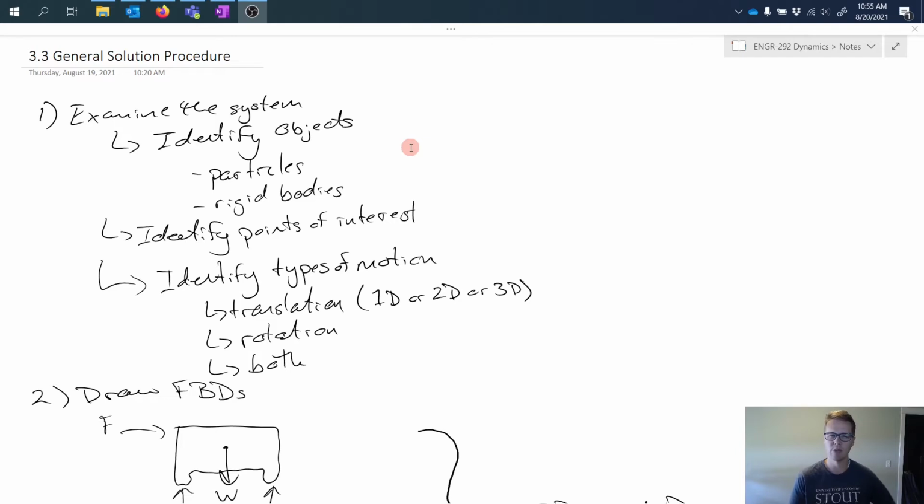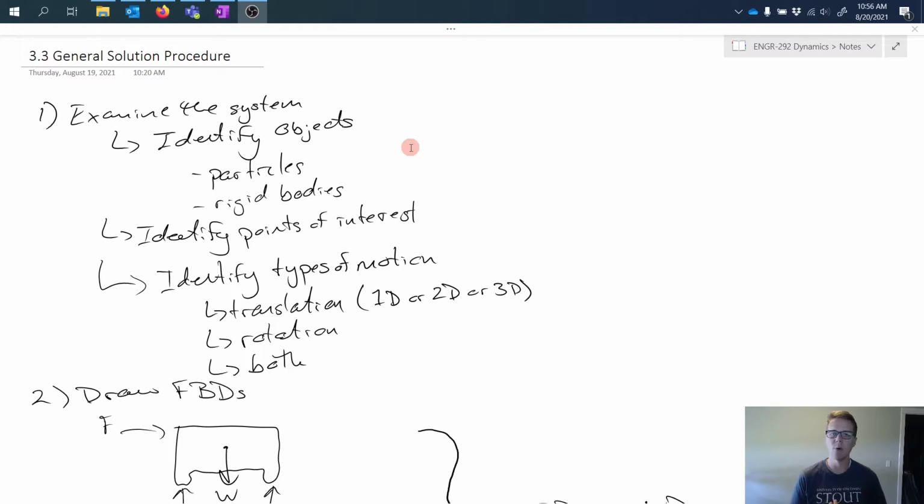It doesn't have geometry that would indicate that rotation is a necessary consideration. For rigid bodies, on the other hand, we would be considering both translation and rotation as potential things that could be happening.